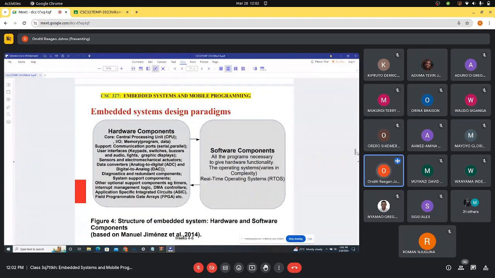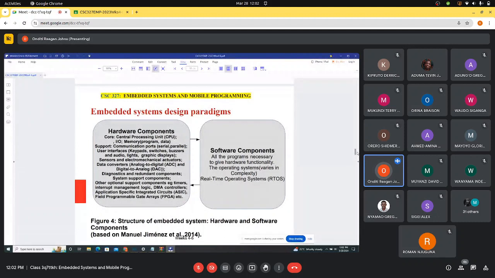So all these are hardware that are actually utilized in embedded systems. Some are basically the inputs, some are the outputs. When you look at the software components, all the programs necessary to give hardware functionality, the operating system, it varies from one operating system to another, then the real-time operating systems.